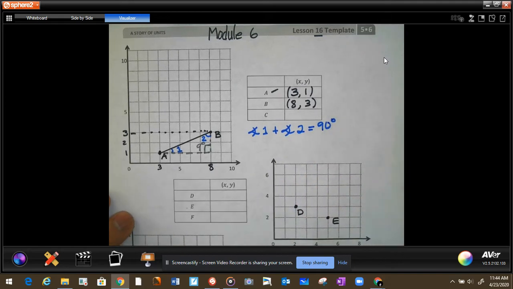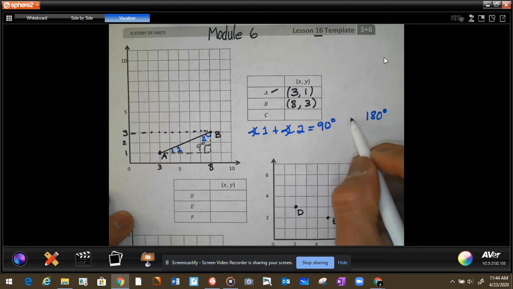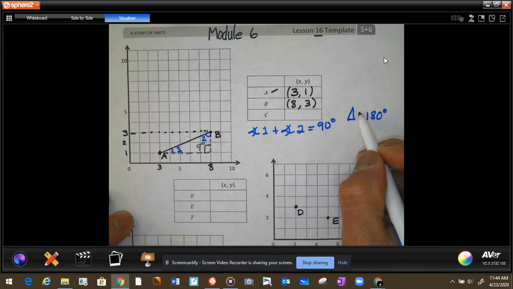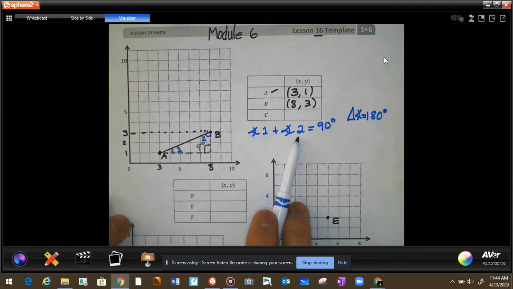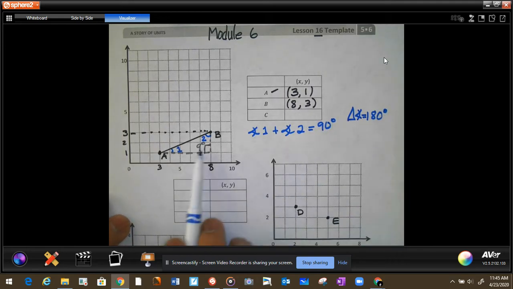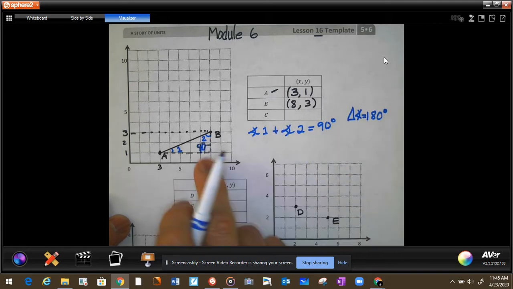Now, you've got to remember that the total of the angles of a triangle, when you add them up, equals 180. In a triangle, all of the angles equal 180. So when you add up these two, they give you 90 degrees, just like the right angle.